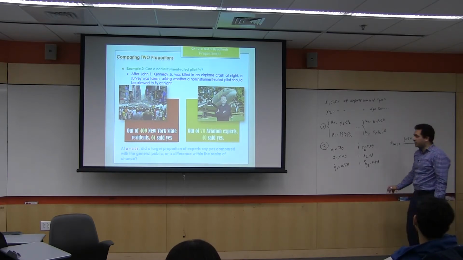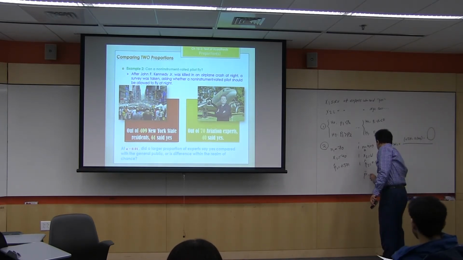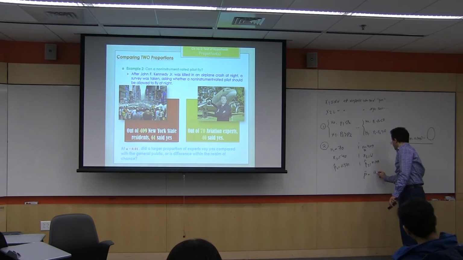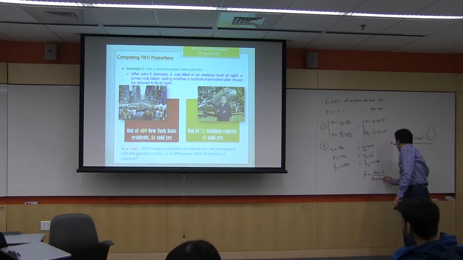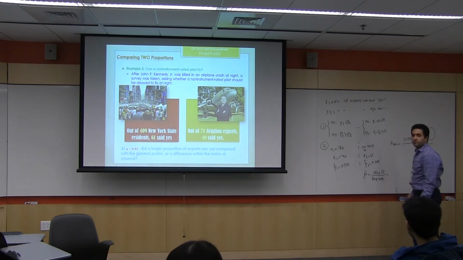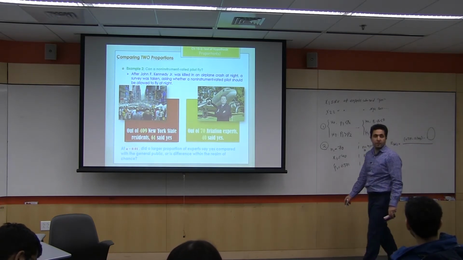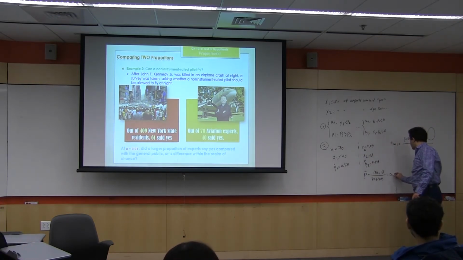I forgot to find P bar. P bar is x1, 40, plus x2, 61, over 70 plus 409. The answer is 0.21.